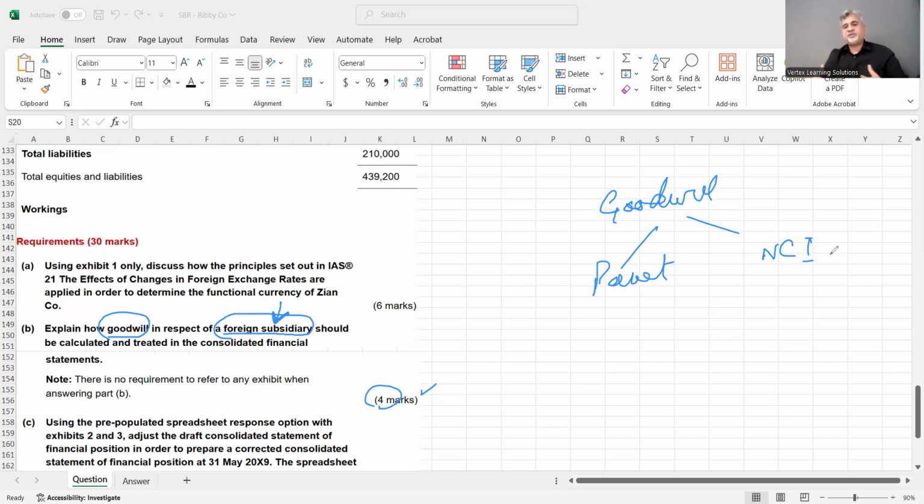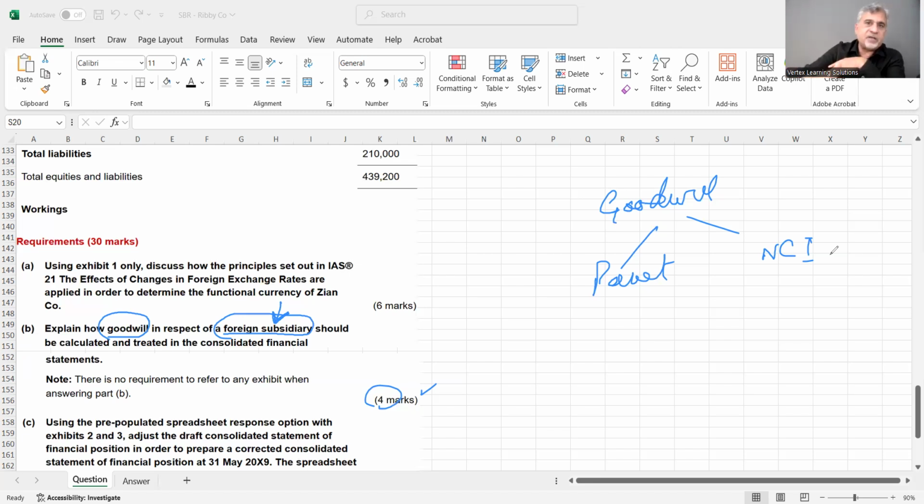But if NCI is measured at fair value, then NCI has ownership of goodwill, and therefore any impairment should be charged there. I'm not discussing impairment here because the question did not ask what happens with the impairment of goodwill; that goes into another situation. I'm just giving you a reference to make it clear, like you did in another standard.